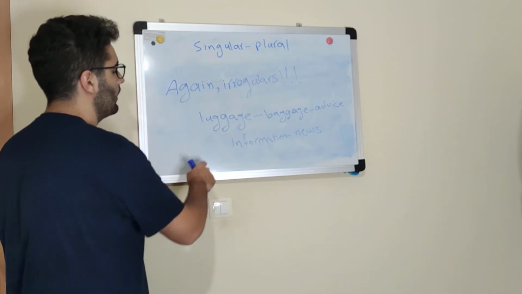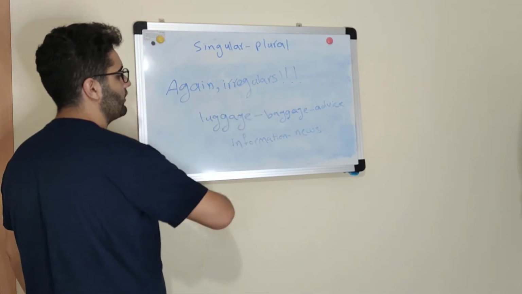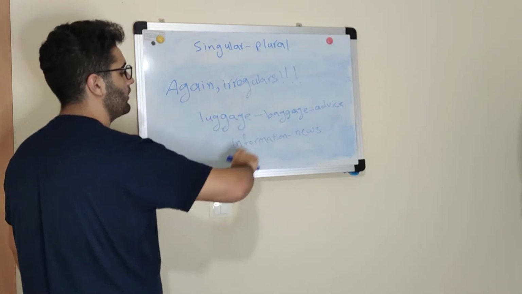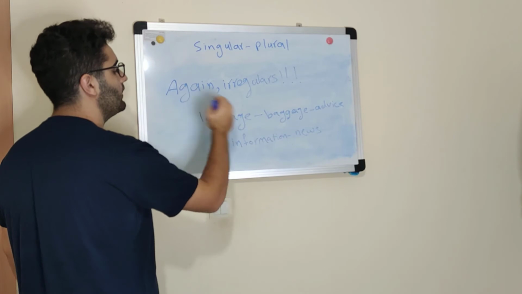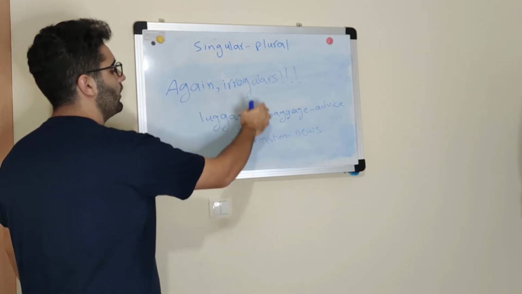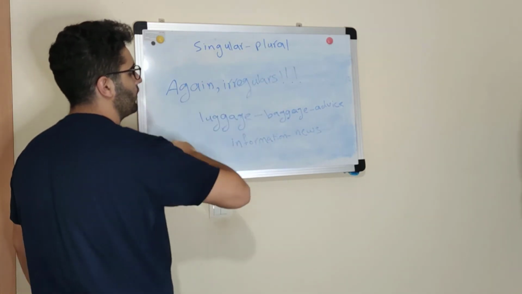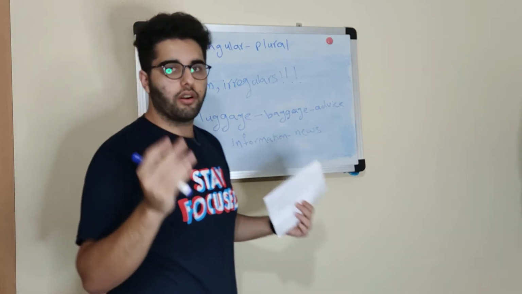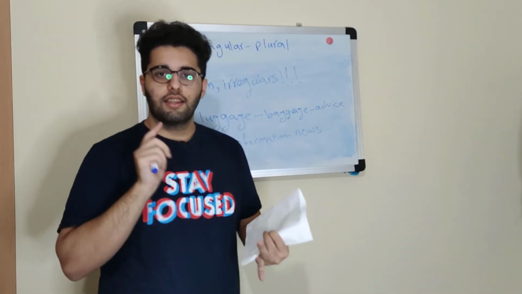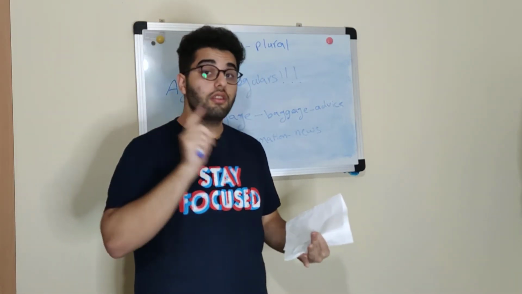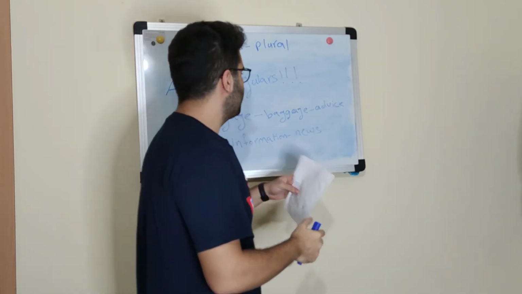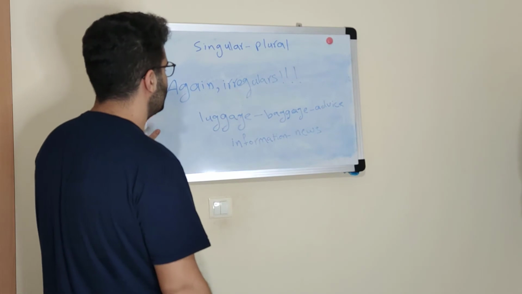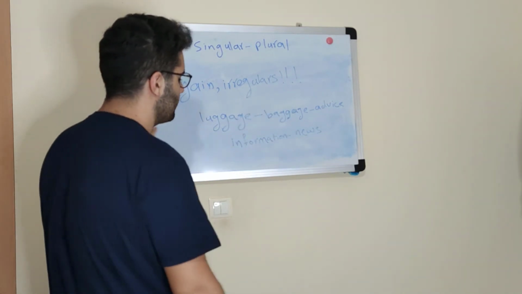Like what? Luggage, baggage, advice, information, news. We cannot turn these words' structure into plural structure. You remember plural structures? S, ES. Knife was knives. Okay? We have some structures, but we cannot use any of them on these words.